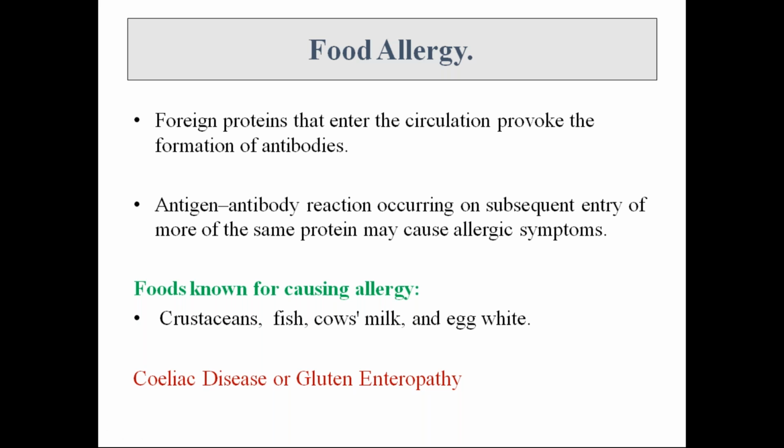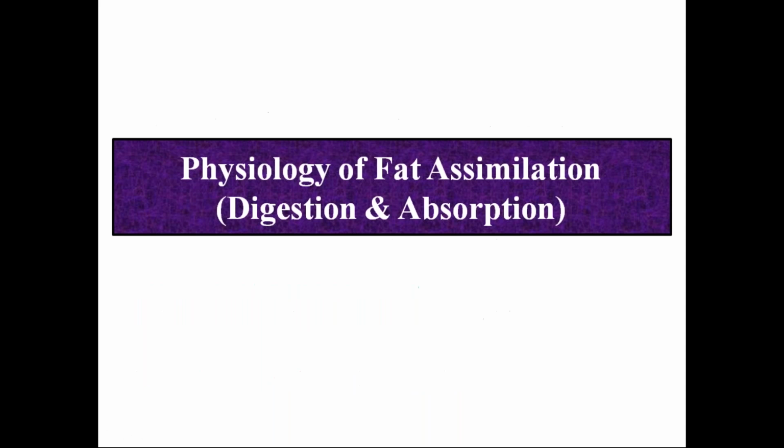You can have allergy to gluten because of celiac disease, and similarly you can also have foreign proteins which enter the circulation. They provoke formation of antibodies, and this antigen-antibody reaction can cause allergic symptoms.